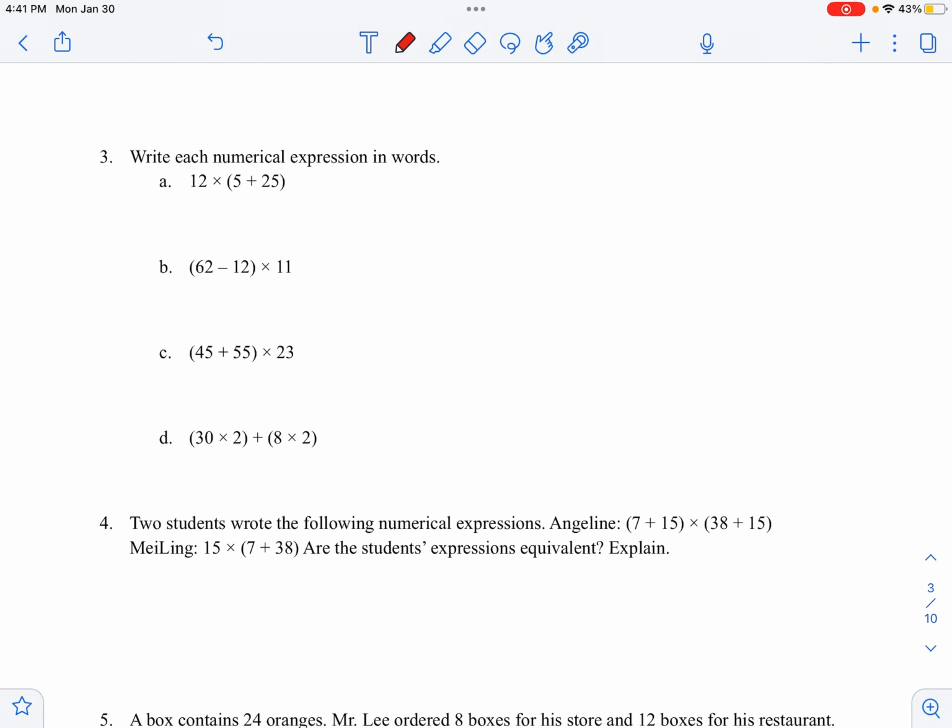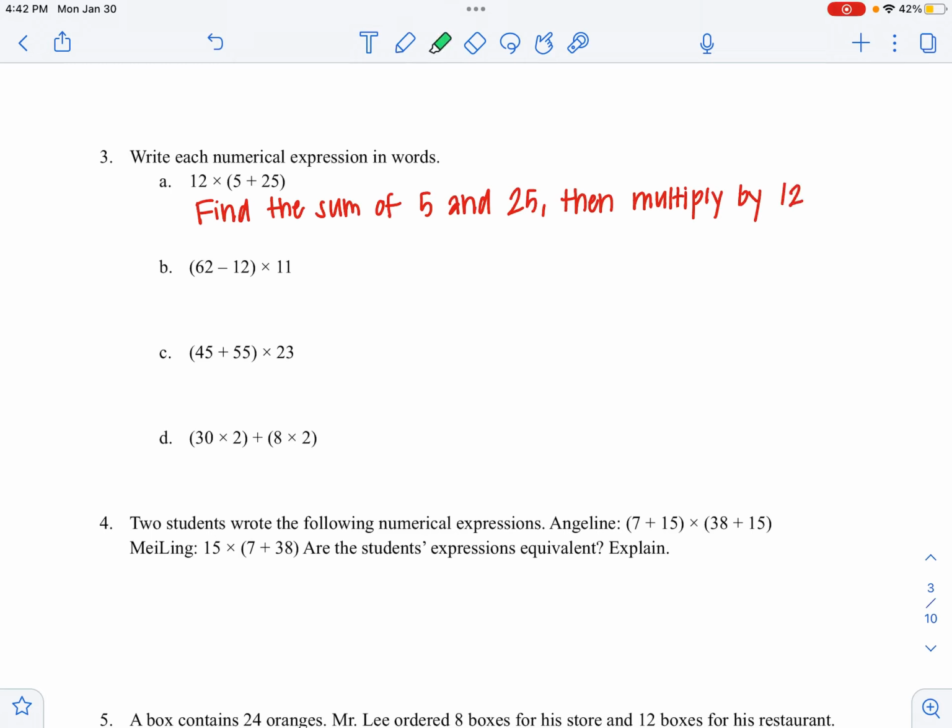In question 3, it's the reverse. You're being asked to write each numerical expression in words. For example, to explain A, 12 times (5 plus 25), I might write, find the sum of 5 and 25, then multiply by 12.